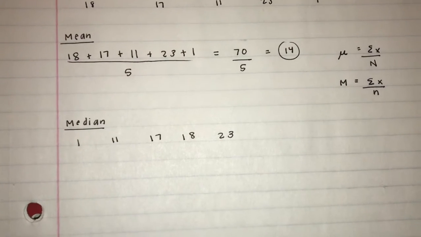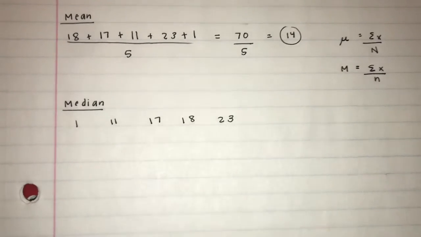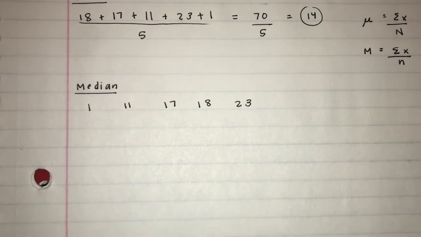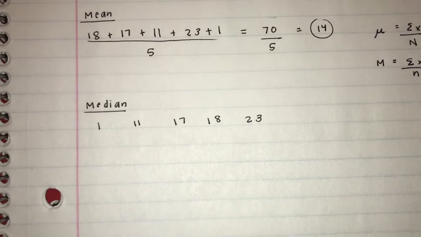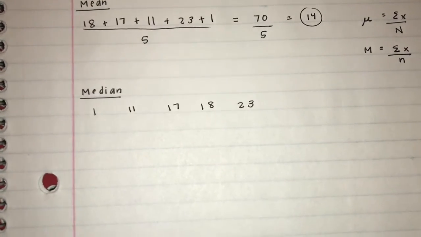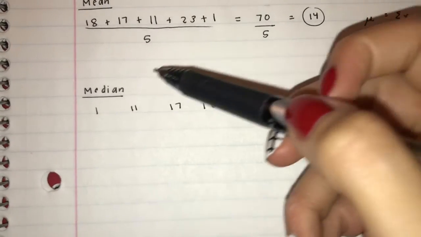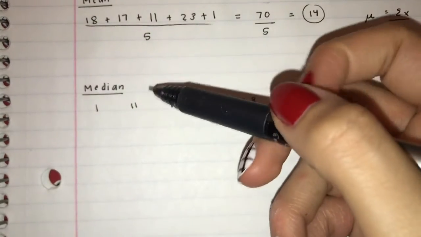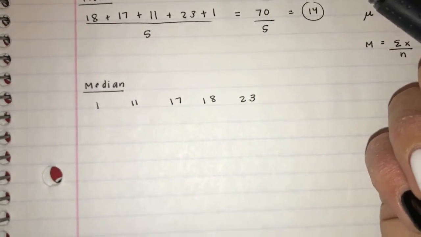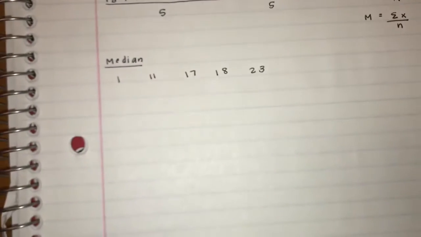So next we have the median, which is the middle value in a distribution, and the median value represents the midpoint, where half of the scores in the distribution are going to fall above the midpoint and half are going to fall below.